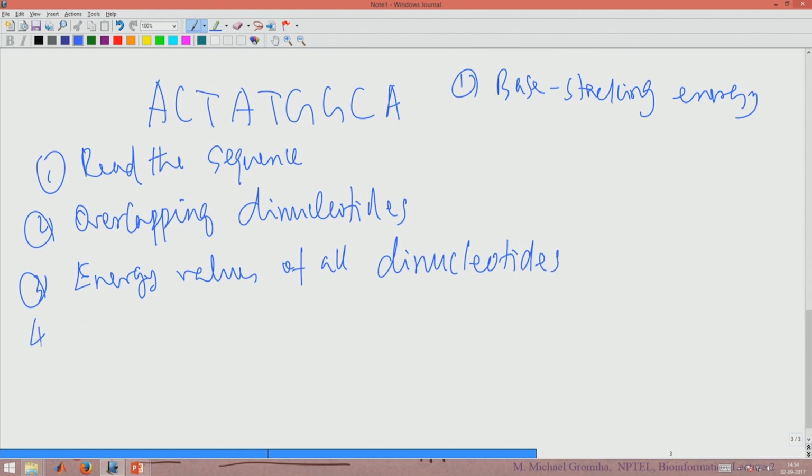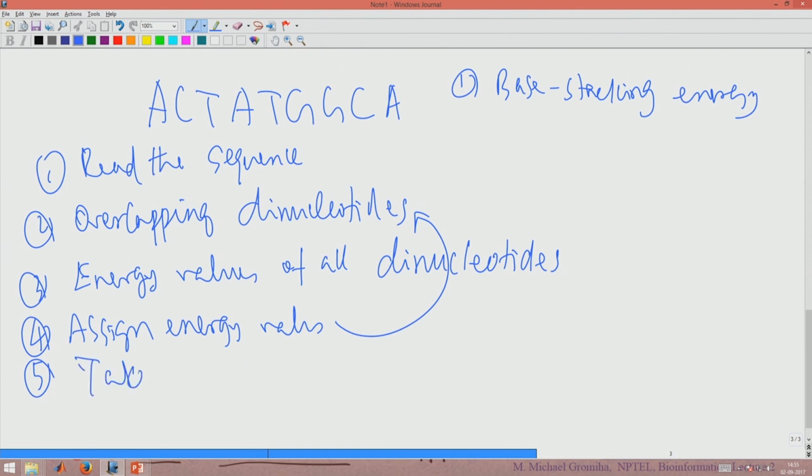And then what to do? Yes, we have to assign the values. Assign the values for each from this step 2, to this step, and then take the sum and divide by the total number of dinucleotides.